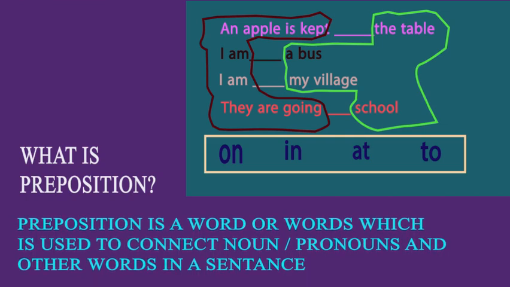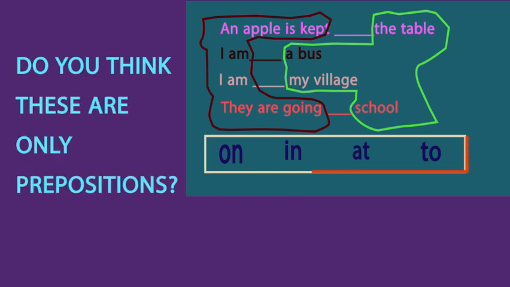Preposition is a word or words which is used to connect nouns or pronouns and other words in a sentence. Many times, a preposition consists of more than one word. So this on, in, at, to, these all are prepositions. Now, do you think these are the only prepositions? No, not really. There are thousands of prepositions.